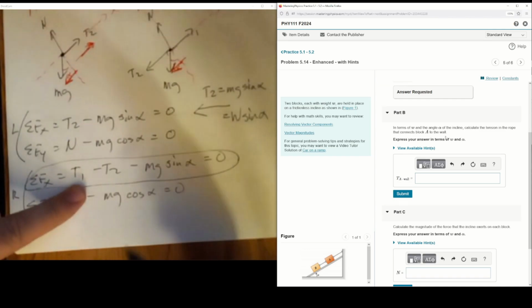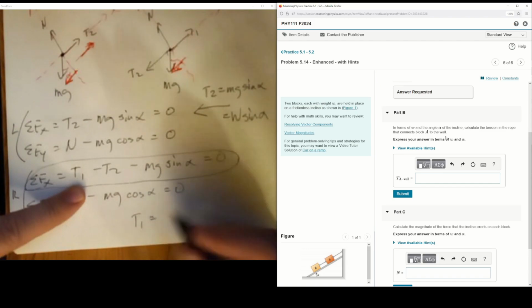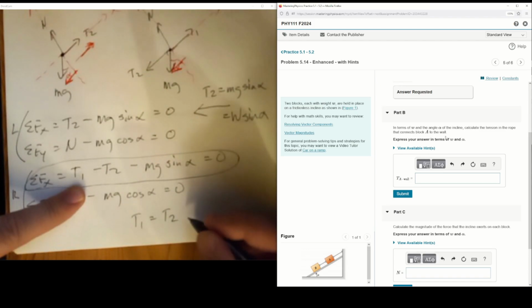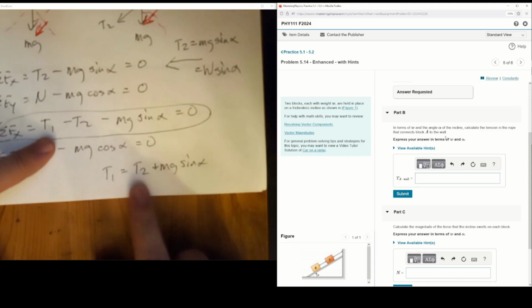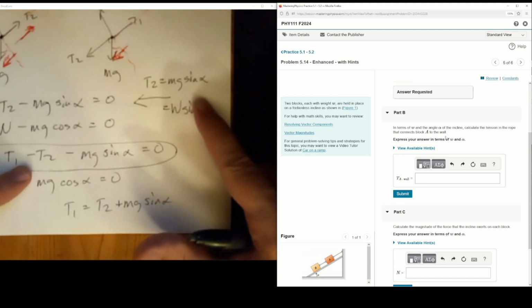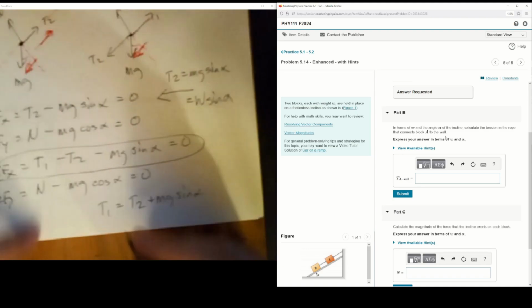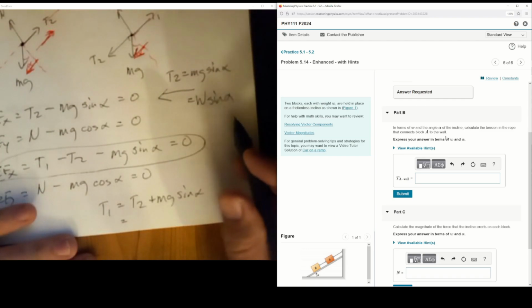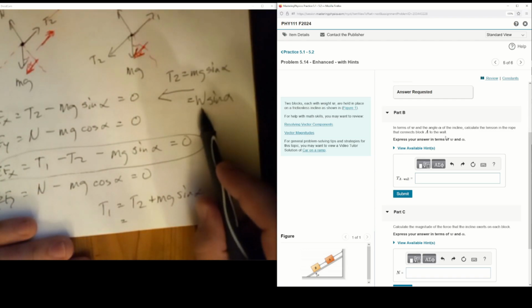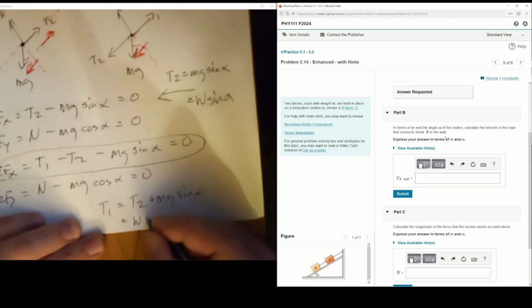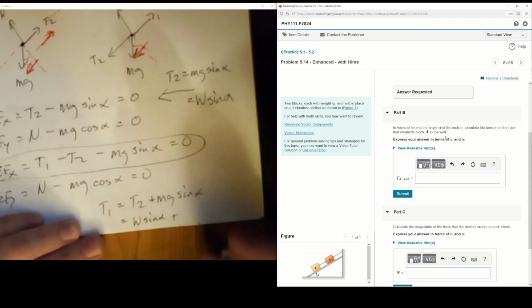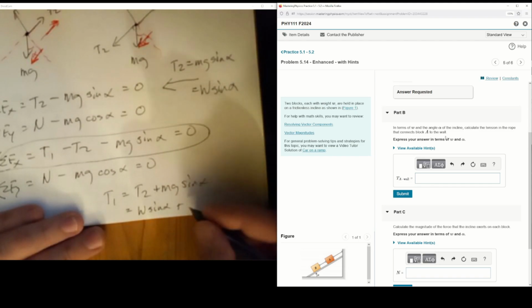And so I'll just solve it for tension 1 by moving everything to the right side. So there it is. But we know tension 2 from the previous problem. It's right here. So I'm just going to plug that in. Tension 2. Now they do want to use W for weight for mg. So T2 is weight sine alpha plus mg here is also weight.